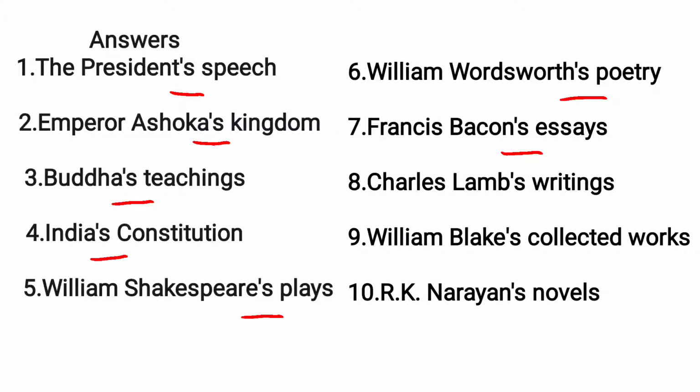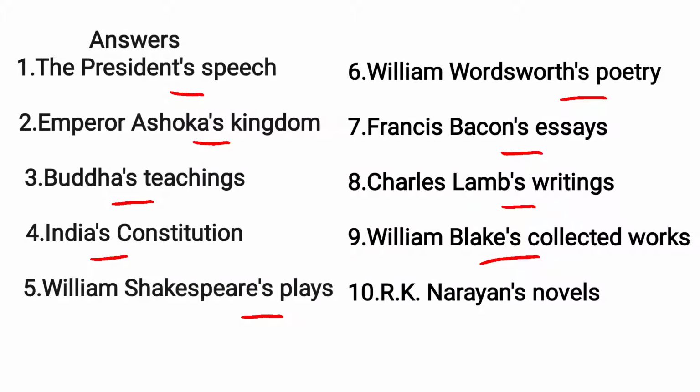You can see all the words are not ended with s, so we are adding apostrophe s to show the possessive form. Charles Lamb's writings. Writings belong to Charles Lamb, so Charles Lamb's writings. William Blake's collected works. Apostrophe s.